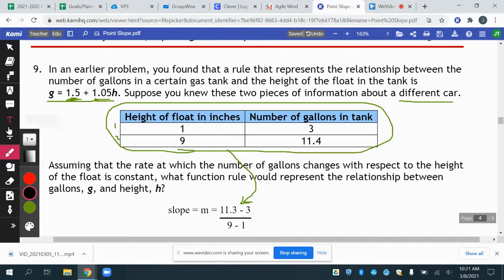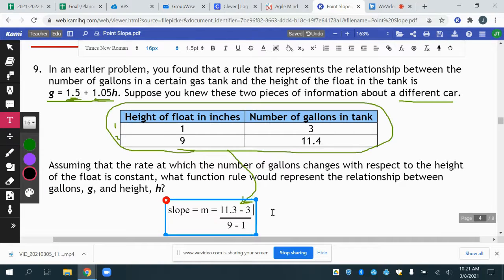Okay, and so what's that give me? Let's see here. That gives me 11.3 minus 3, which is going to be 8.3, I believe. And then on the bottom, we'll have 9 minus 1, which is 8. And there we are.